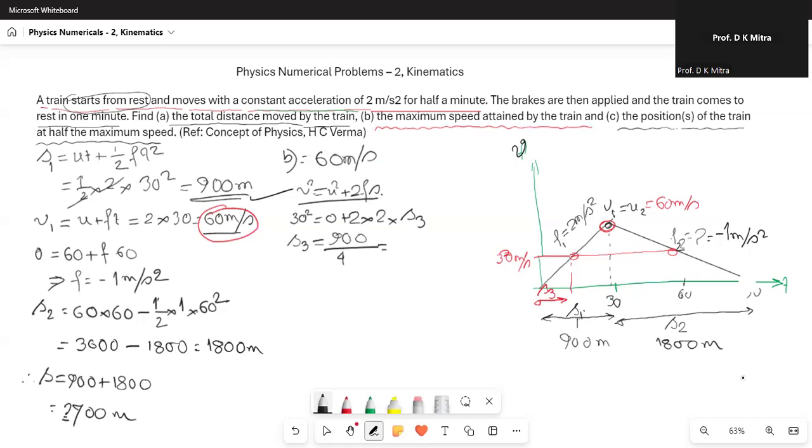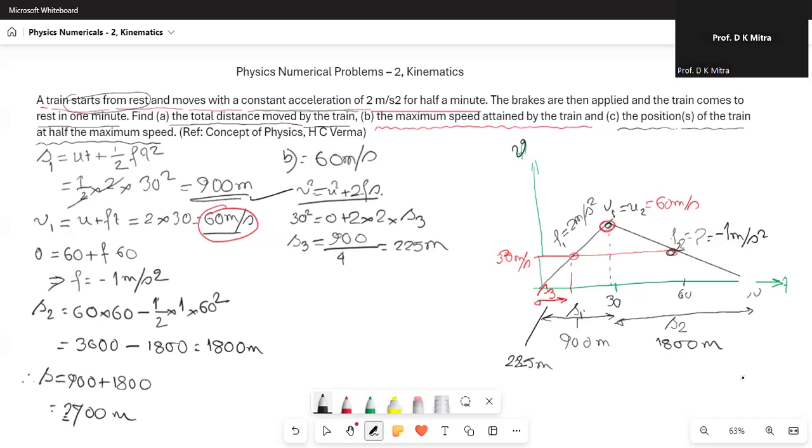This is equal to 225 meters. So this distance S3 is 225 meters.